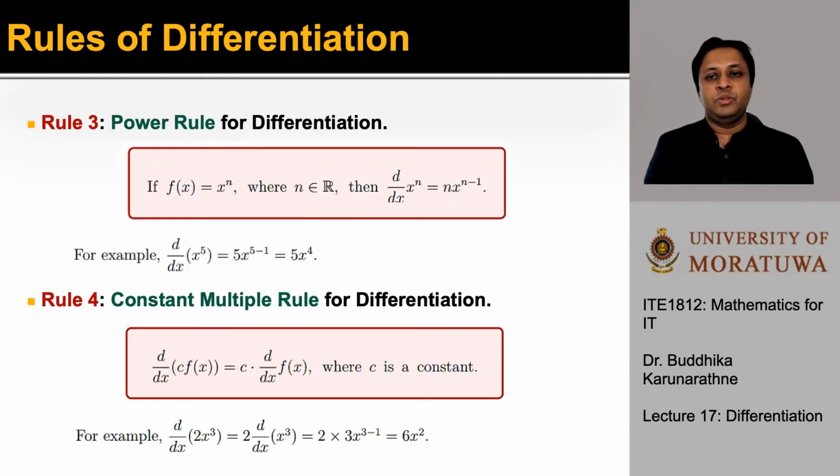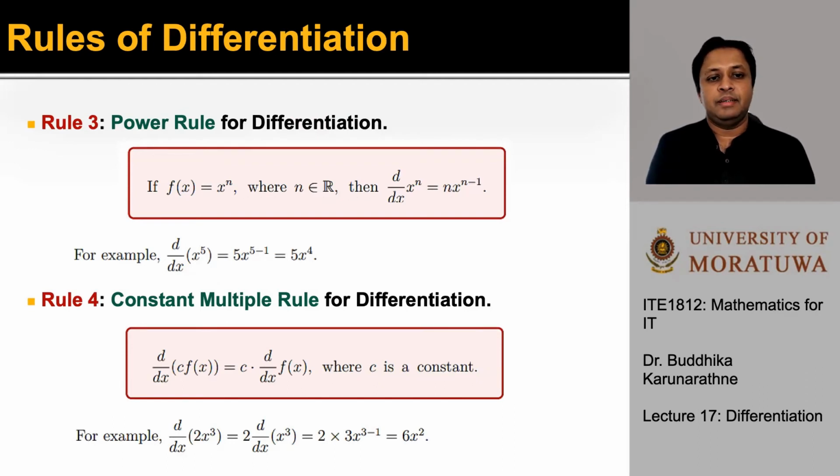Moving on to rule number 3, we understand the power rule for differentiation. For example, if f(x) is equal to x to the power n, where n is a real number, then d over dx of x^n will be equal to n times x to the power n minus 1. This is the power rule of differentiation.